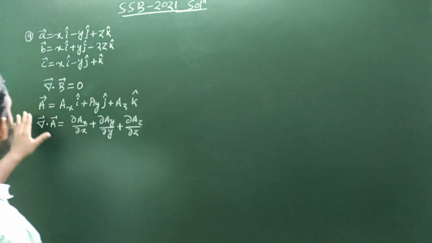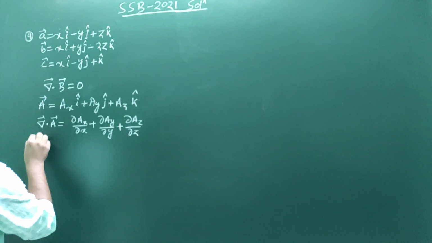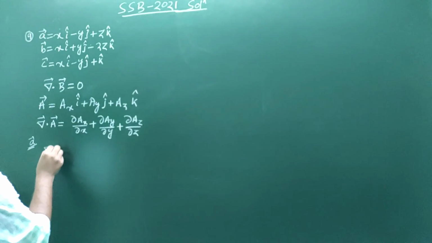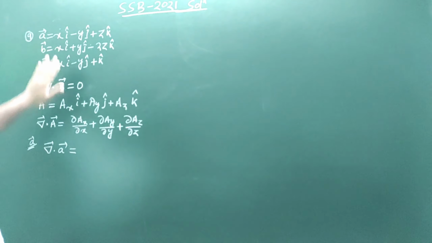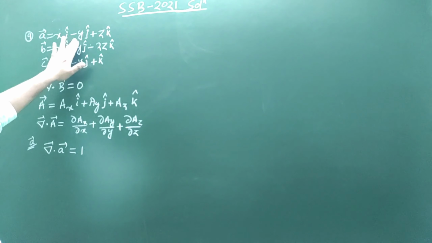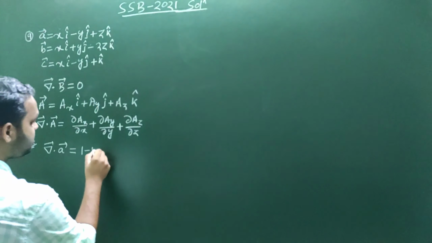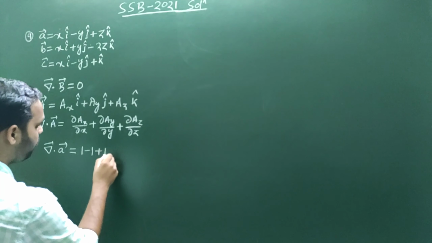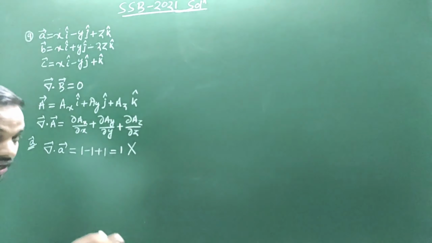Now let's apply this formula to each of the vectors. Let's take first A. So divergence of A will give you dou x by dou x, that will be 1, and minus dou y by dou y, that will be minus 1, and plus dou z by dou z, that will be 1. So this will give you 1. So A is not a magnetic field.